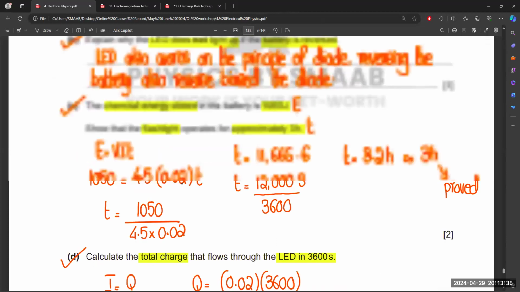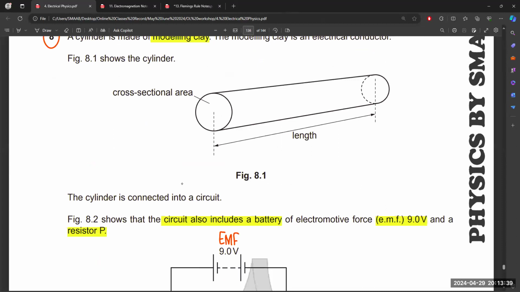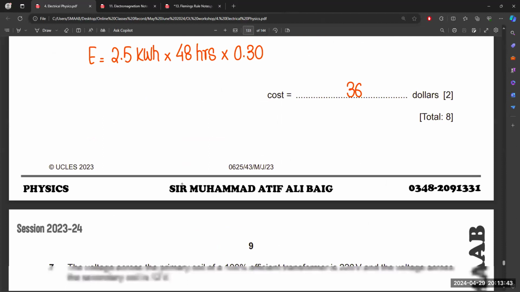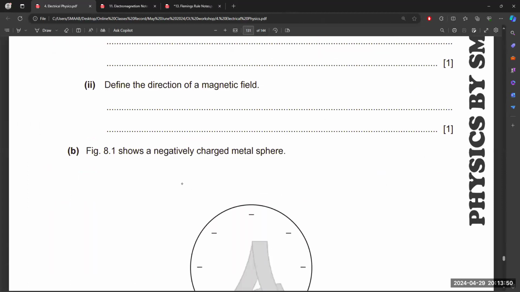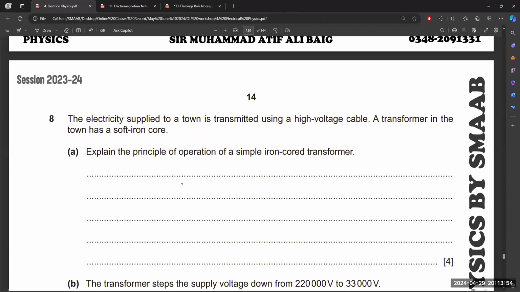Electricity, we already did. Electricity, electrostatics, transformer, AC, homework question, electrostatics.